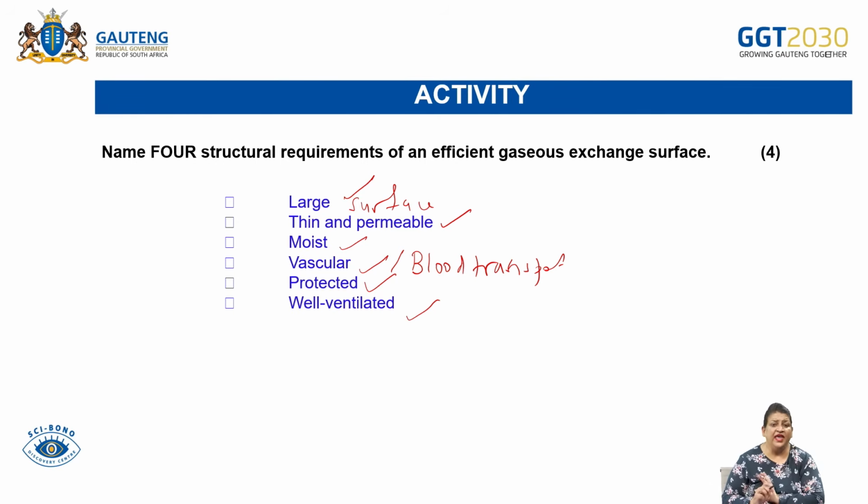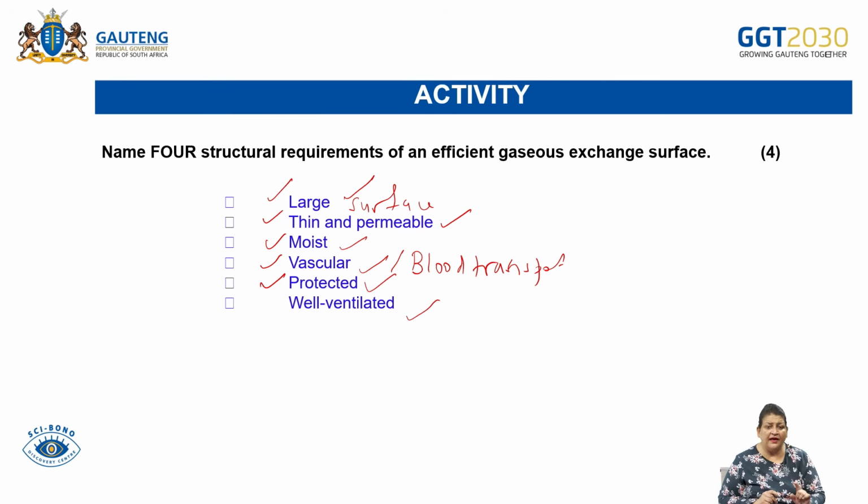important of any gaseous exchange system: it must have a large surface area. That surface area must have a thin membrane which is permeable. That surface area must be moist, and that surface area must have a good blood transport system, and that surface area must be well protected.